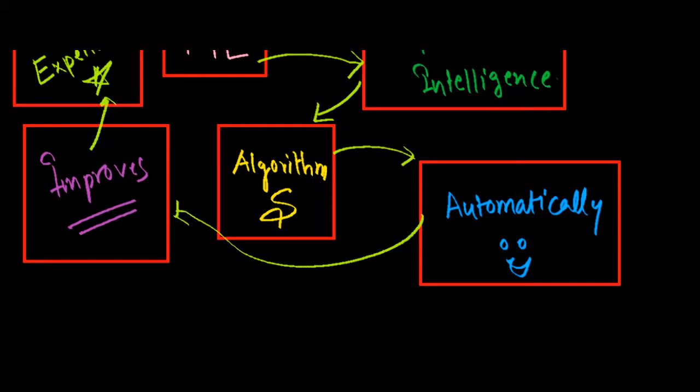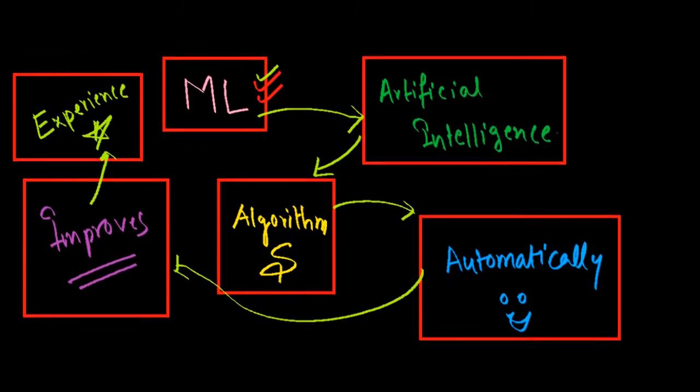By using the experience, the algorithms are able to change themselves so that they can produce better outputs. So machine learning is nothing but a field of study of artificial intelligence algorithms that are capable of improving themselves automatically with the help of experience. Okay, so this is the proper definition of machine learning.